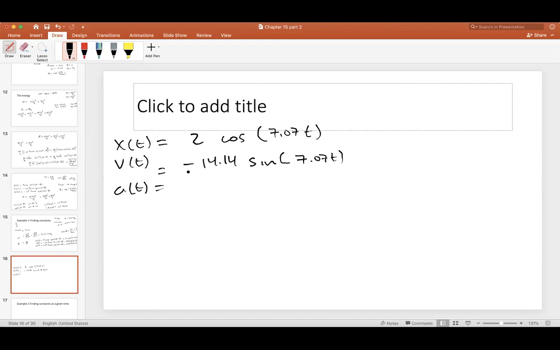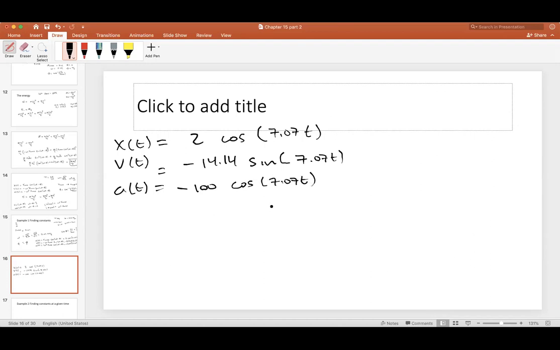And a of t was 7.07 squared, 7.07 times 7.07 times 2, which is about 100. Oh, of course it's 100. It's the square root of 50 squared times 2, times cosine of 7.07 t.